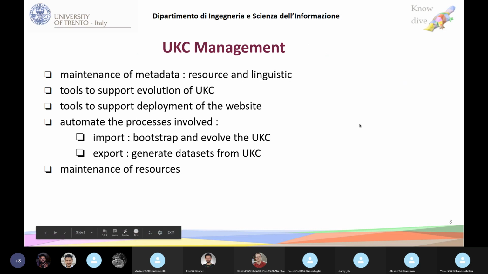So to carry out this task of UKC management, here is the list of the things that can be briefly put together. So the first one would be the maintenance of the metadata.